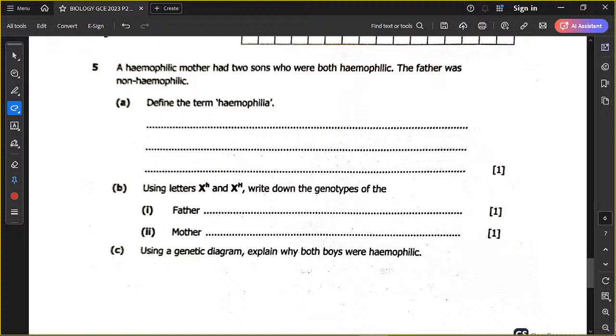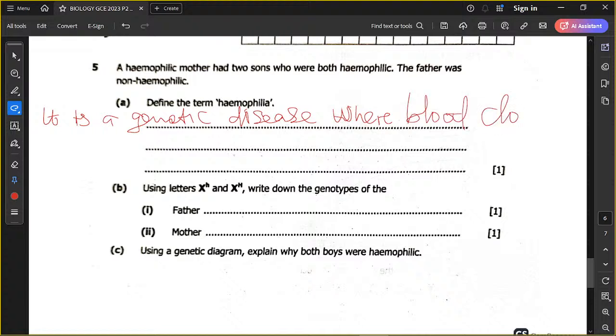It is a genetic disease where blood clots slowly.